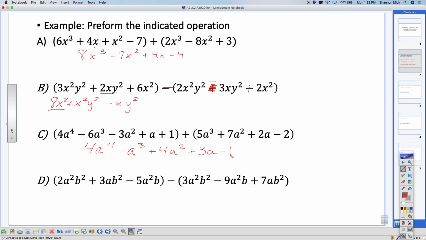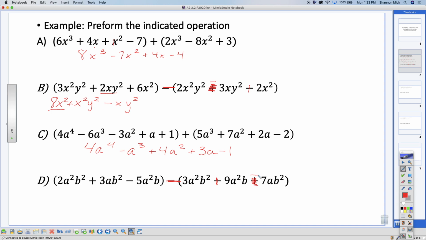Okay. Now what do I do next? You do subtraction. So what do I have to remember to do first? Distribute the negative, so it becomes negative 3, plus 9, minus 7.